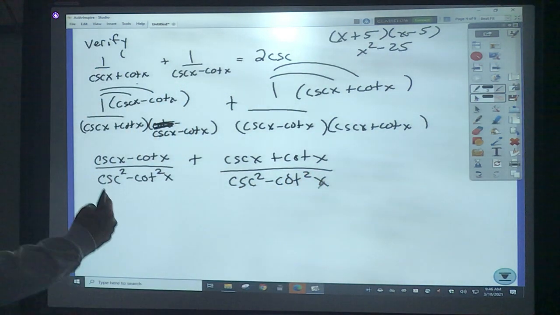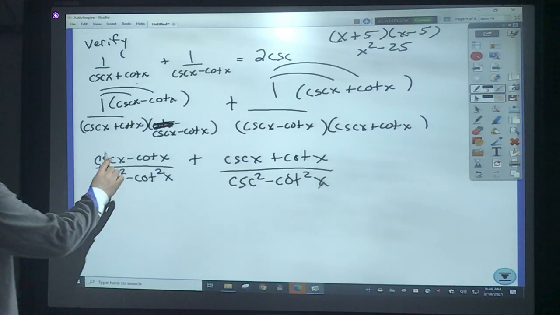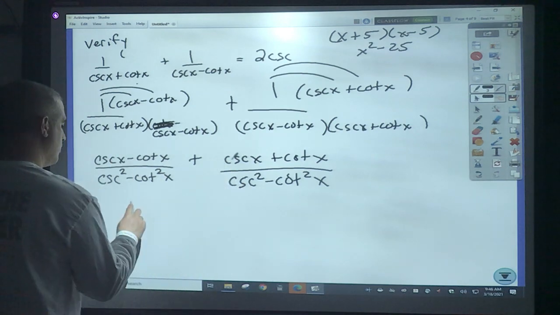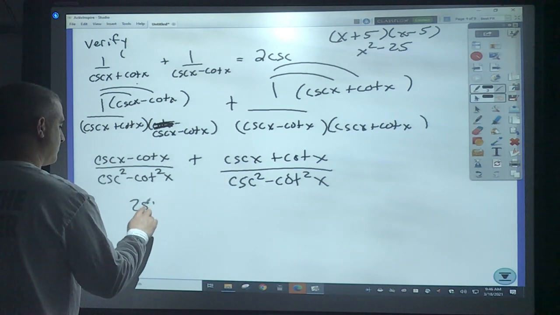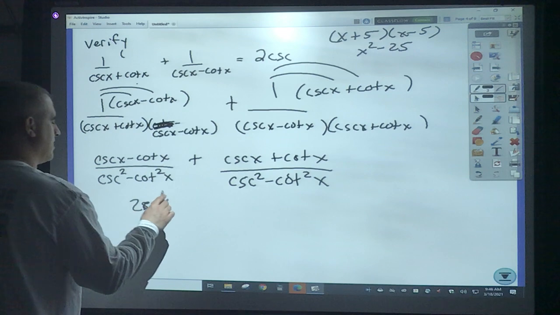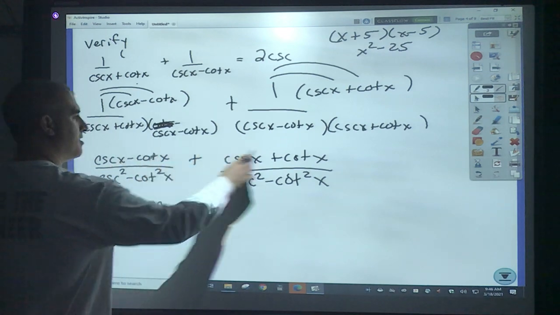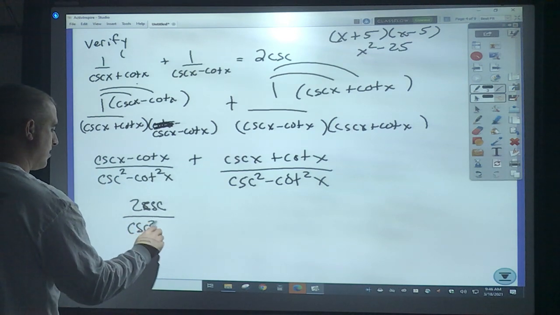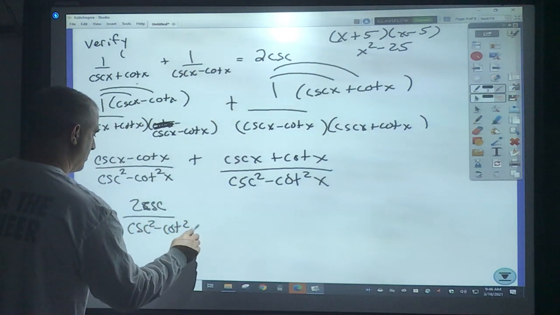Now I can push those things together and combine my like terms. So what I would have is 2 cosecant, because I got a cosecant there and a cosecant there, and these would eliminate. This is just cosecant squared minus cotangent squared.